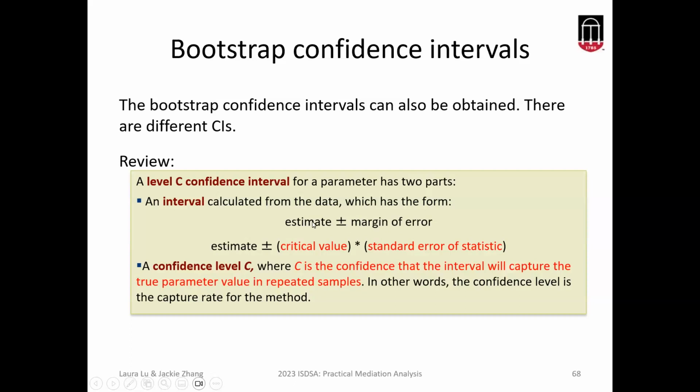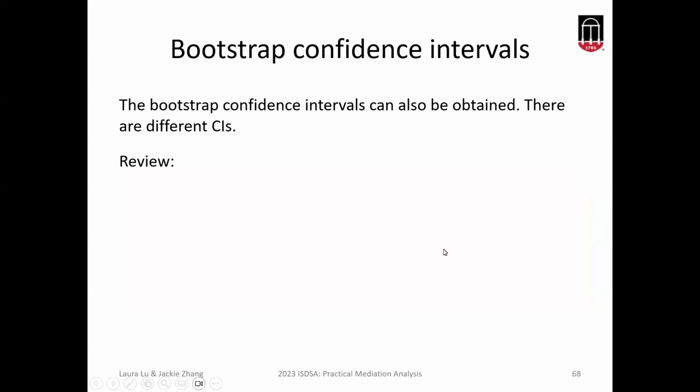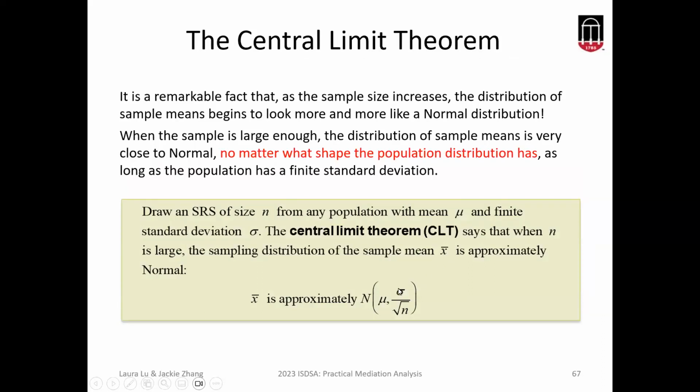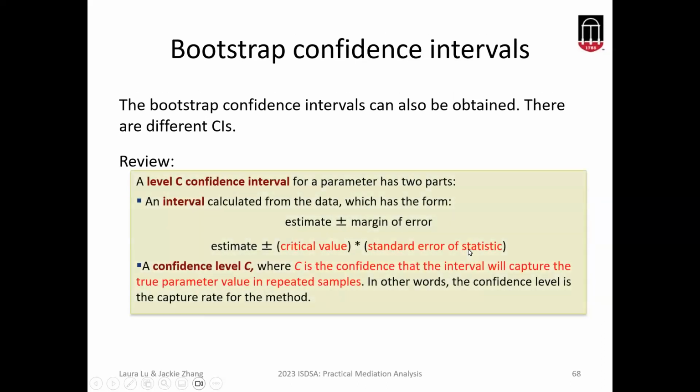By adding and subtracting from the point estimate, we get a lower bound and upper bound to construct the confidence interval. The margin of error is the product of the critical value, which depends on the alpha level, and the standard error, which comes from the central limit theorem.